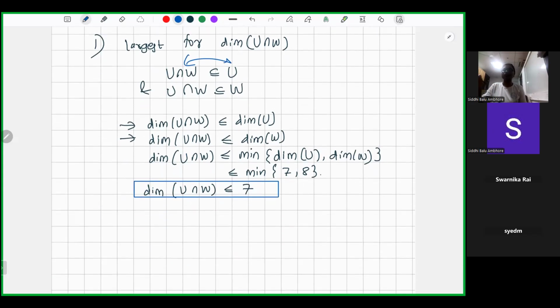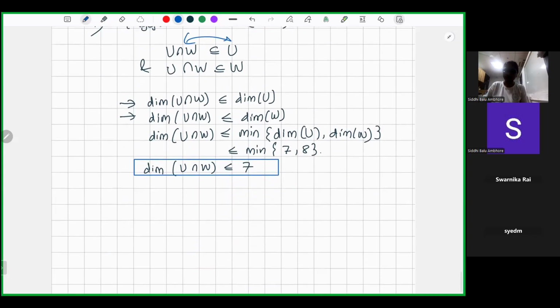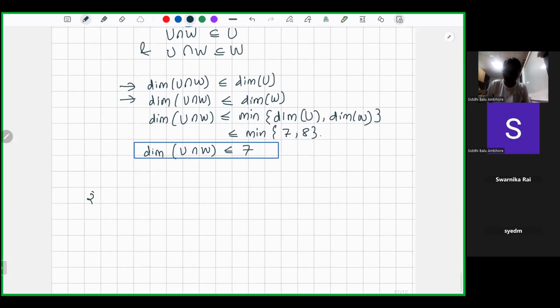So the maximum possible value is 7. Now we go for the second, where we have to find the smallest possible value.